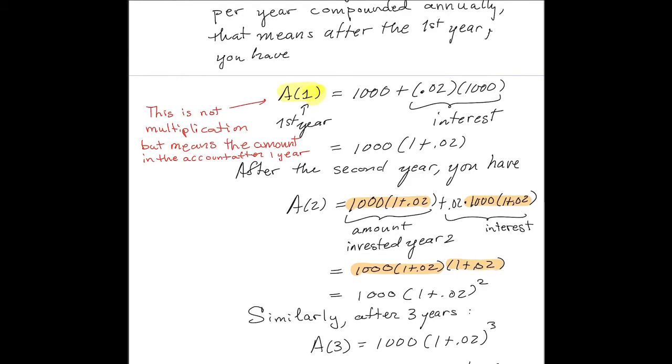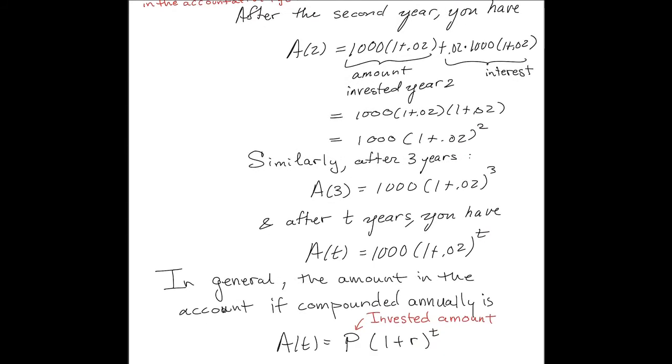If you simplify that, you see the 1 plus 0.02 is then just squared. So you have this amount of money in your account after the second year, or upon completion of the second year.